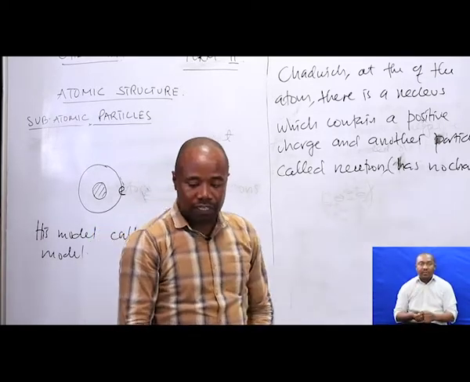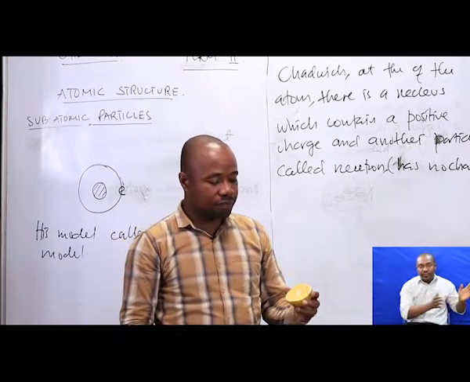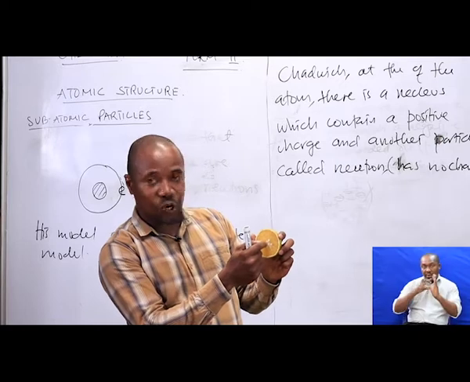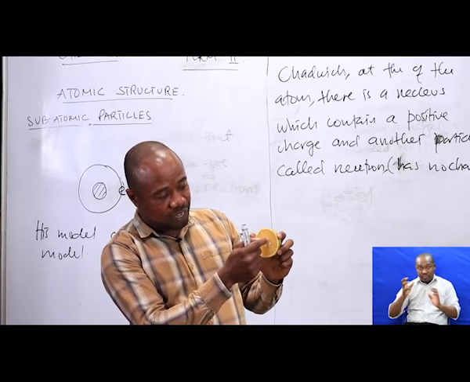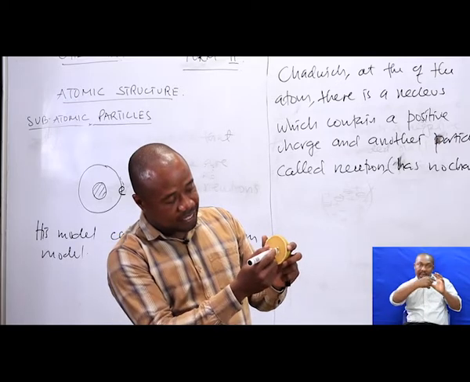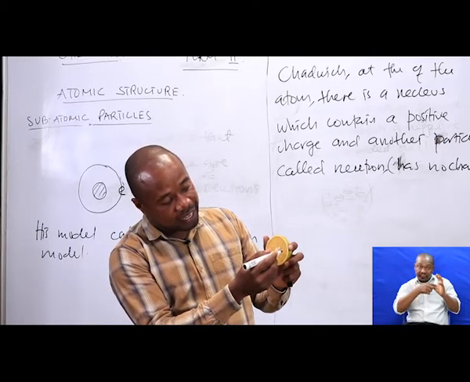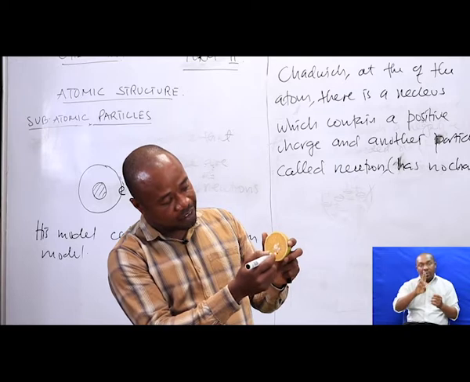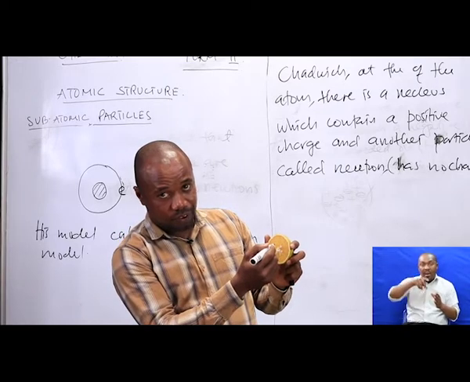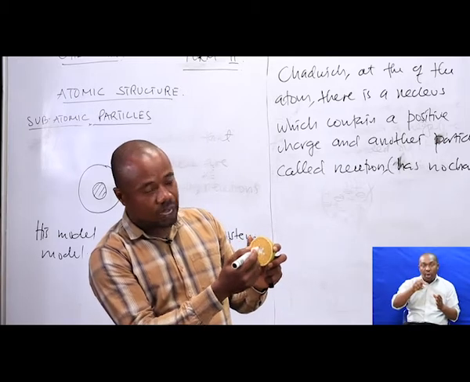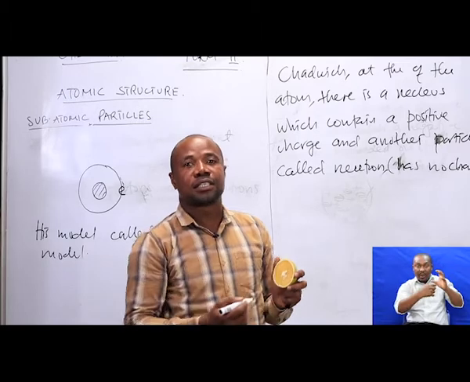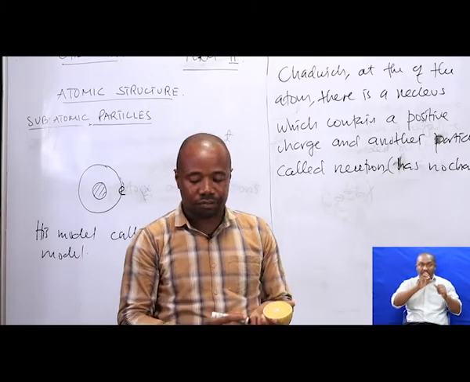Very nice. Let us look at this. If this is a nucleus, all this at the center is a nucleus. Then the electrons revolve through the orbit in this area, which are circulating orbits.